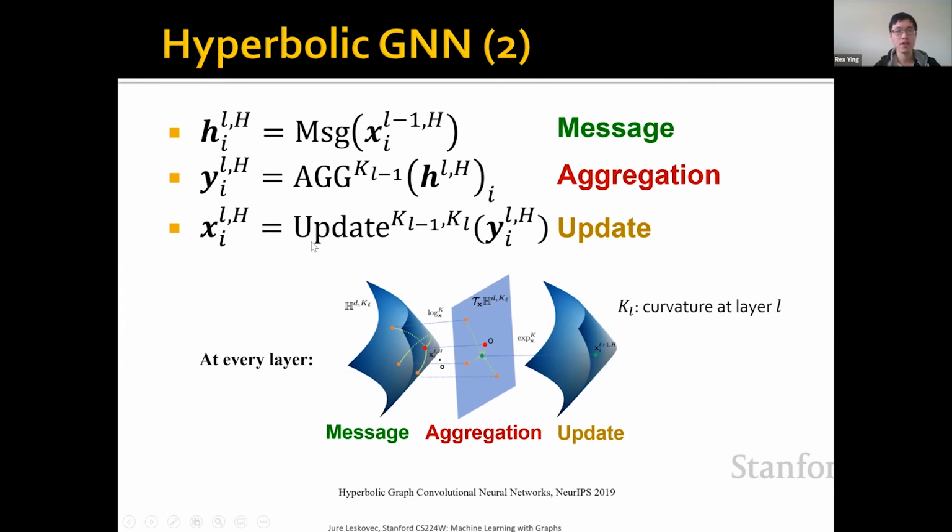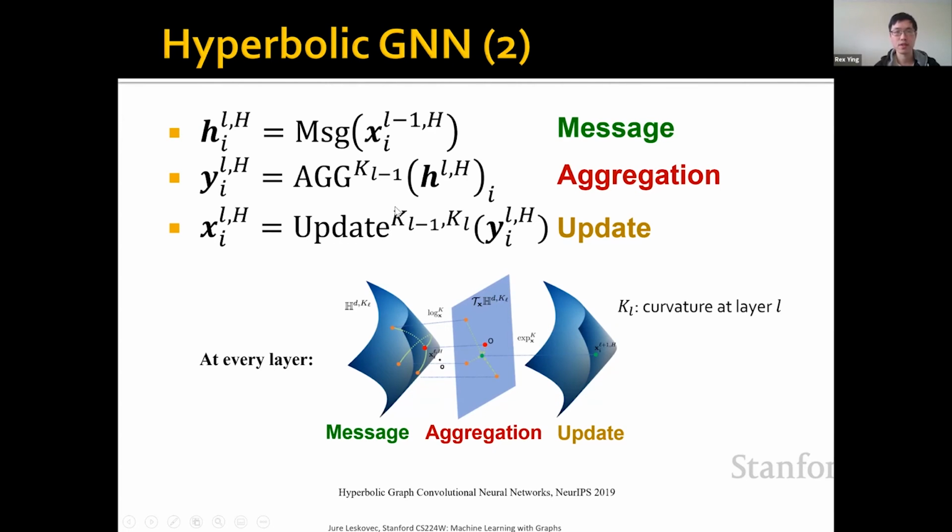And finally, we make an update of the representation so that the next level representation will capture the information of the previous layer representation. So this is the typical message, aggregation and update function, but in the hyperbolic space.